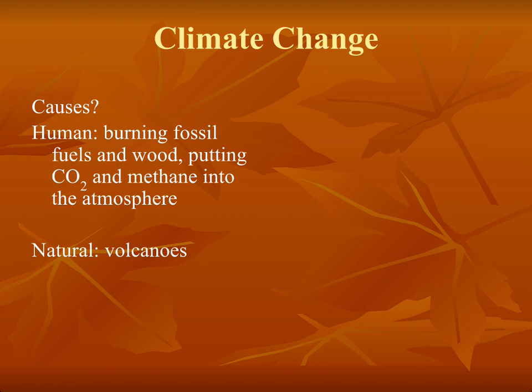On number 25, where you put global warming and greenhouse gases, you want to add this information. Humans burning fossil fuels. This is 8th grade and 7th grade review. When we do that, we put CO2, which is carbon dioxide, and we also put methane into the atmosphere, and that's what causes the global warming.